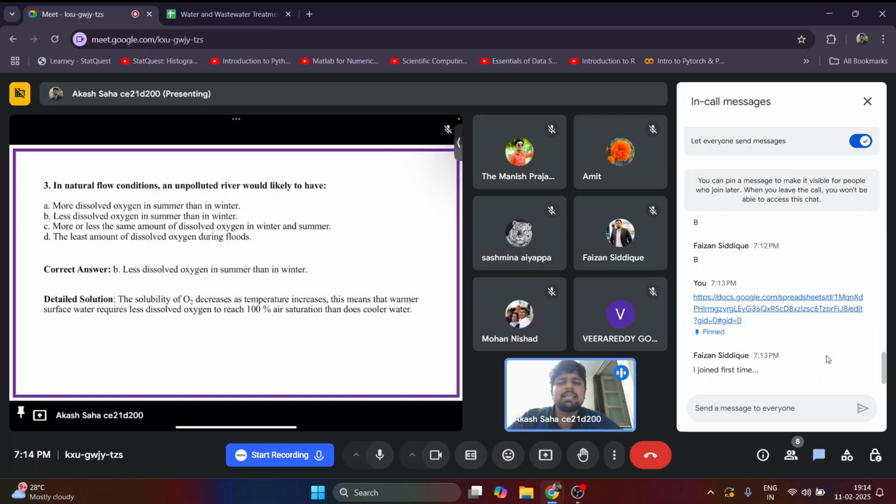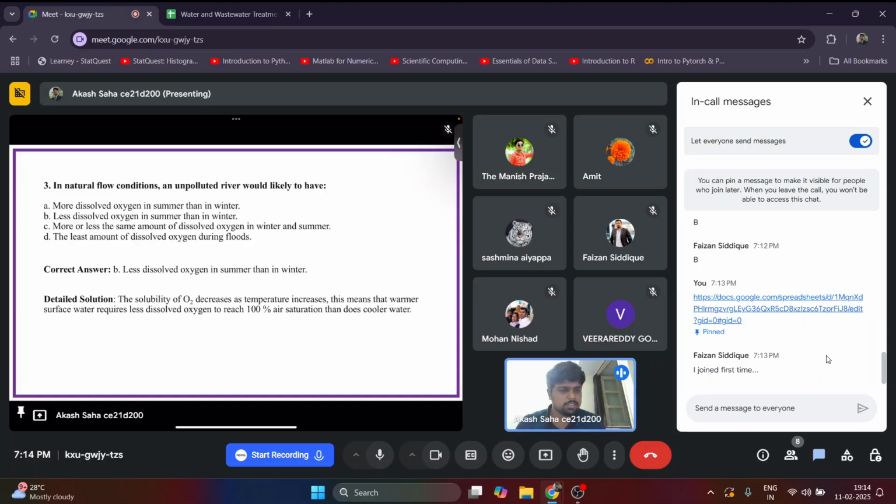So it needs lesser dissolved oxygen to reach that 100% saturation. Also remember that the solubility decreases as the temperature increases. So that's why warmer water will be having lesser DO in summers. That is what I wanted to discuss for this question.